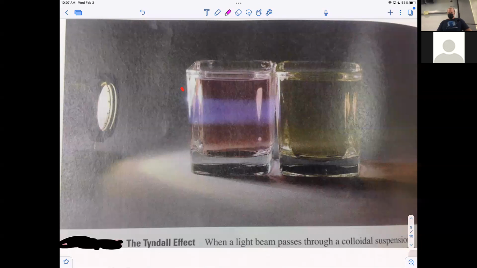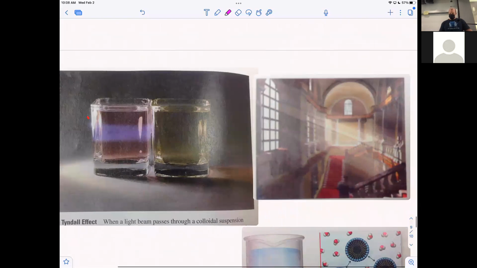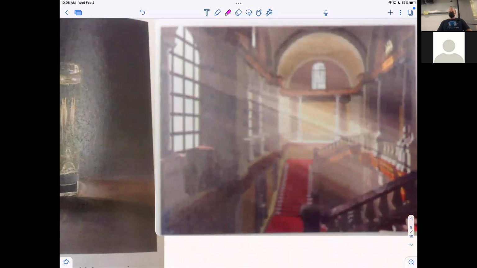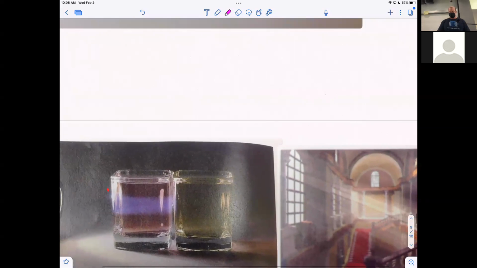The one on the left is a colloid because it scatters the light. And sometimes you can see sunbeams. You're seeing light that's being scattered by dust. If you're in an old dusty building, or on a dusty day, with a lot of particulates in the air, you can see sunbeams coming down through the clouds. What you're seeing is the scattering of light. That's called the Tyndall effect.